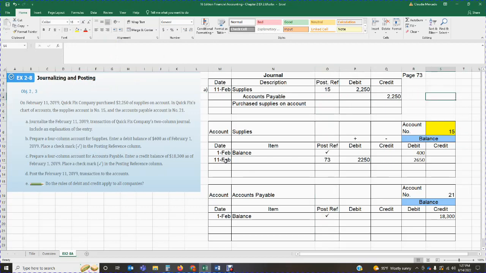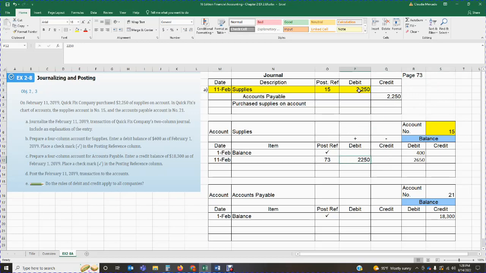So what did we do? Let's recap. We're only looking at supplies for now. What happened to supplies? I'm going to look at my supplies ledger. I'm going to bring in the date. Item, you leave it blank. You put in the page number of your journal, which is page 73. Now you bring in the transaction. Whether it's a debit or a credit, you need to put it in the correct column.